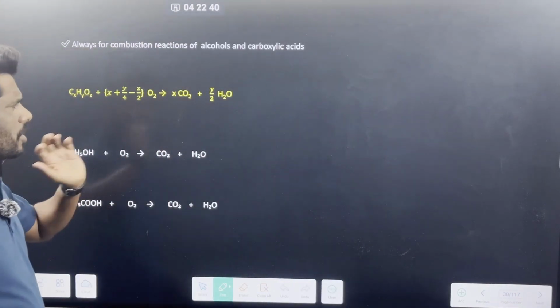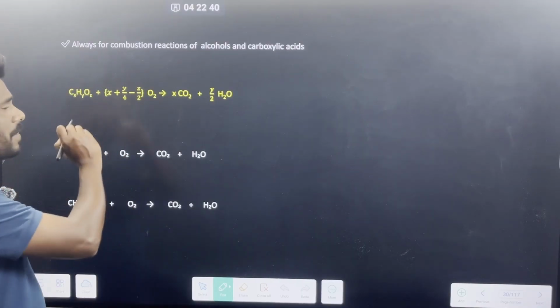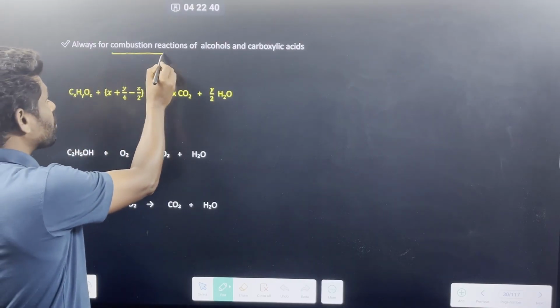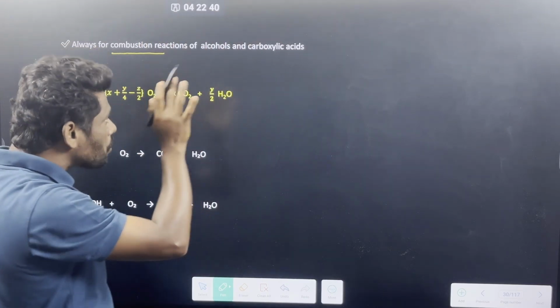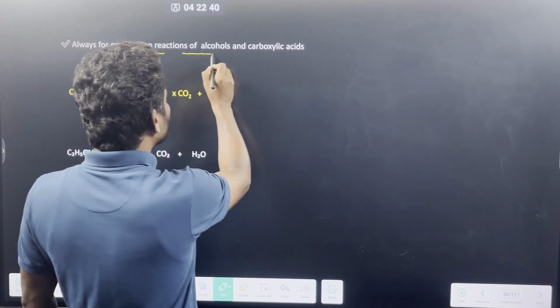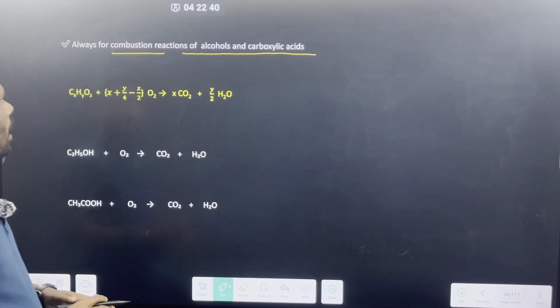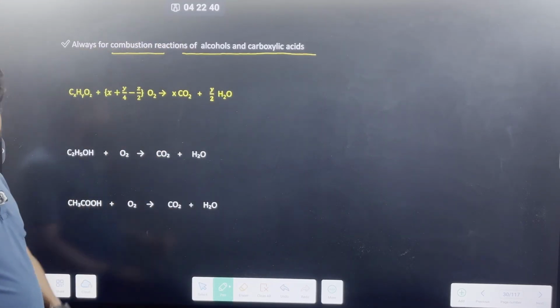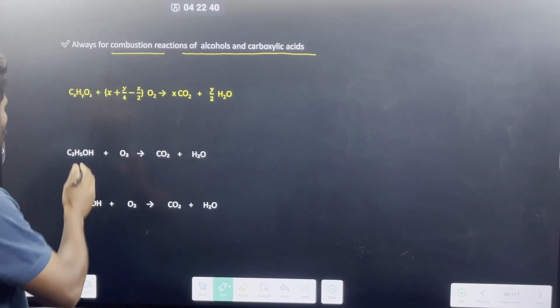Now a small change. Earlier we have seen the combustion reaction of alkanes, alkenes, alkynes. For example, if you have the combustion of alcohols and carboxylic acids, then what happens? You can make the change in the formula in a simple way. Now look at the formula here.